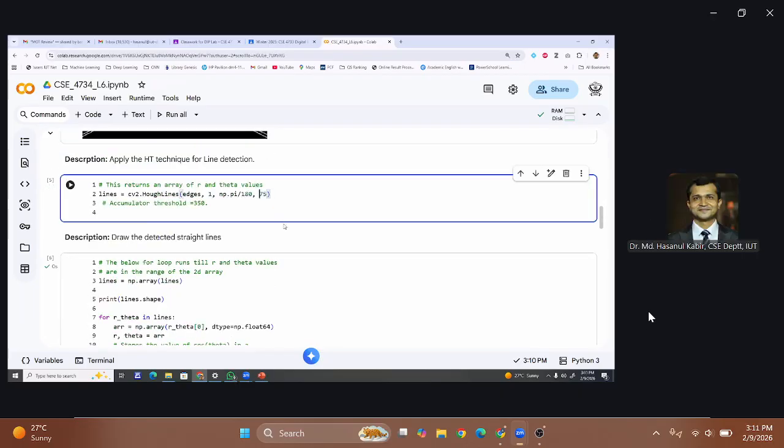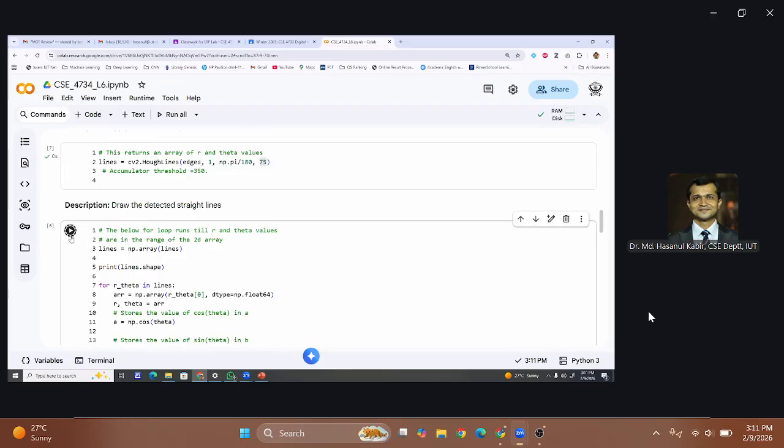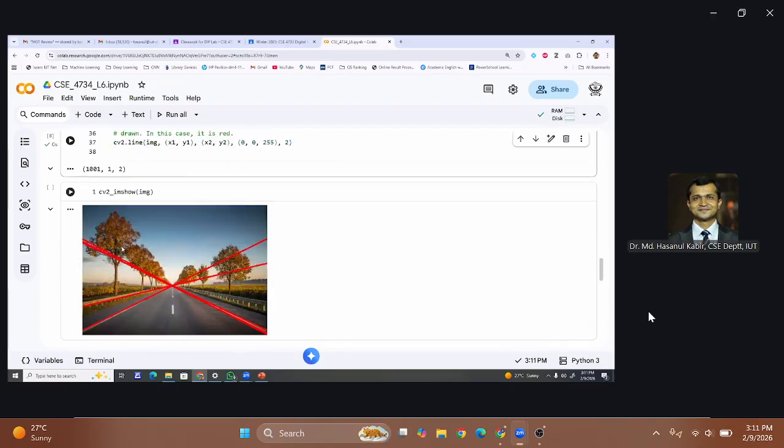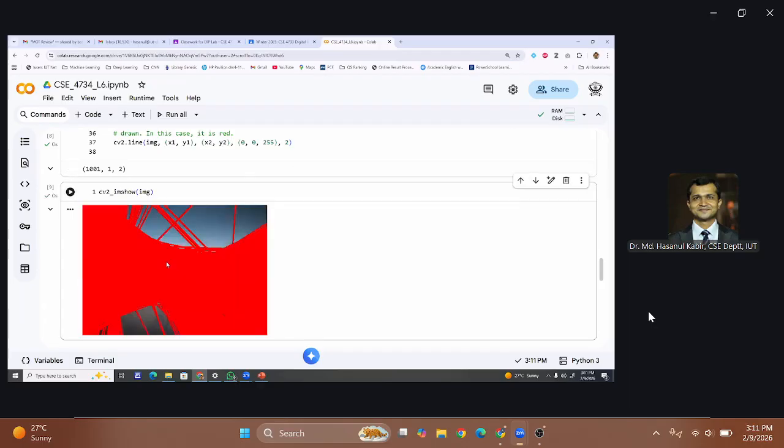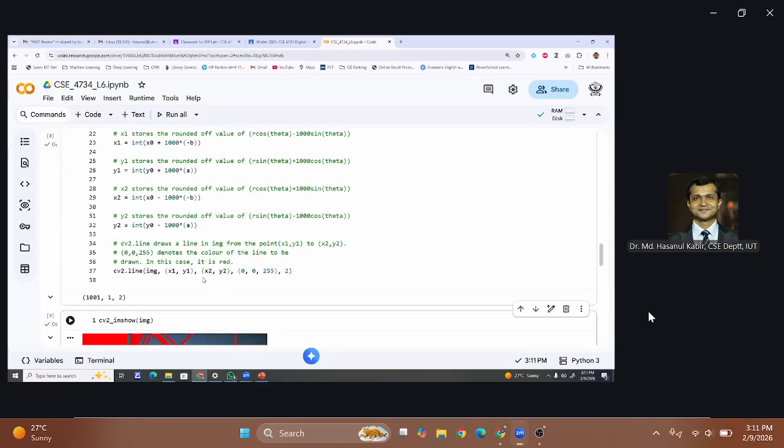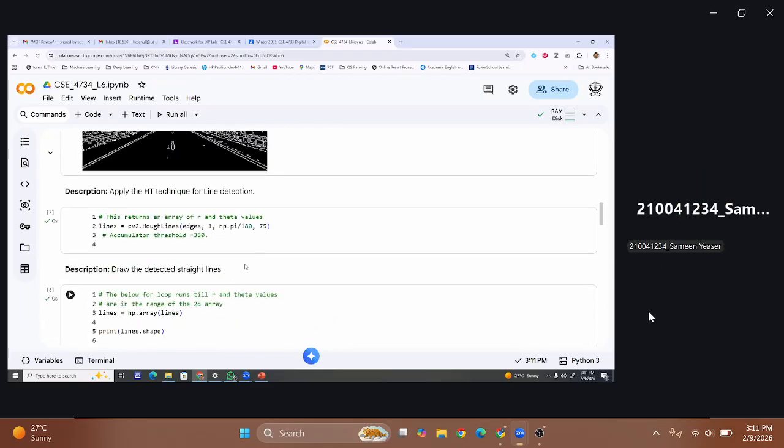Let's say if I reduce that, so now I want to have those lines which have at least 75 contributions. Let me run it again. What happened now? There are too many lines which have at least 75 contributions.